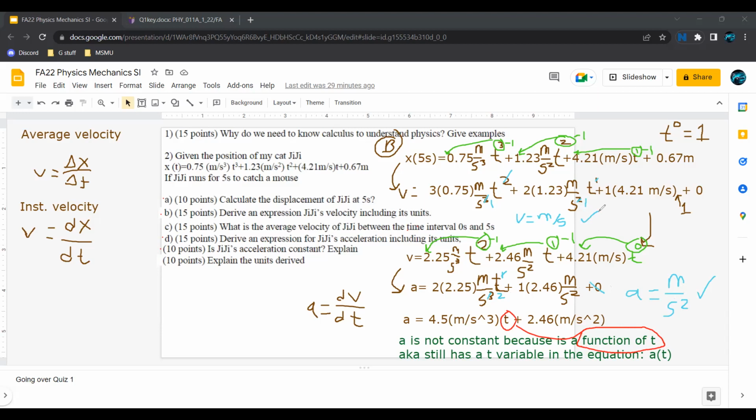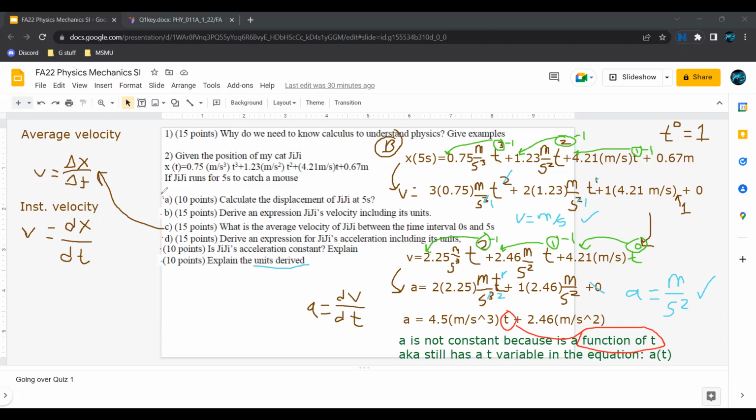So from there, let's do C. I'll underline this so you guys can know what the colors mean. Average velocity means that we're going to use this equation, right? And so then you have intervals t0 and t5.